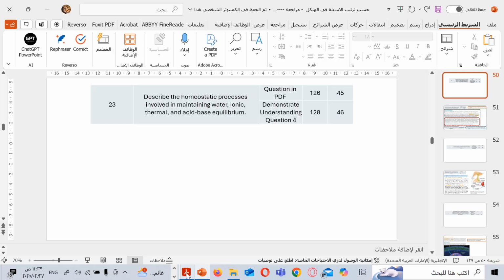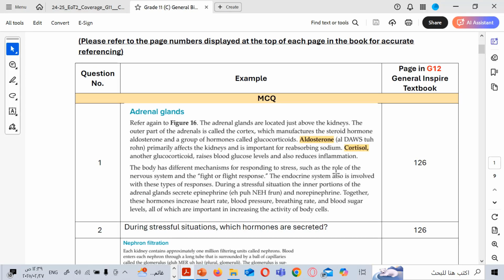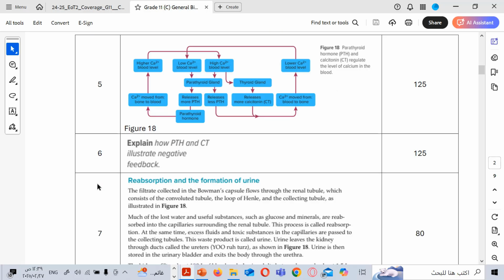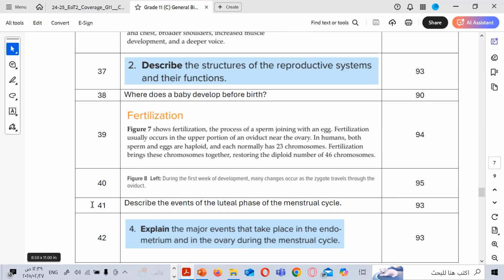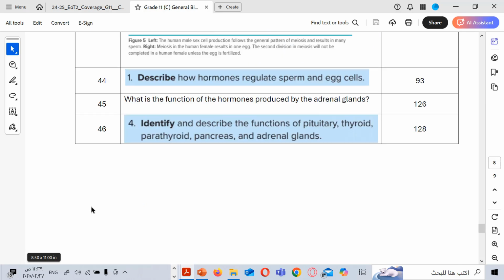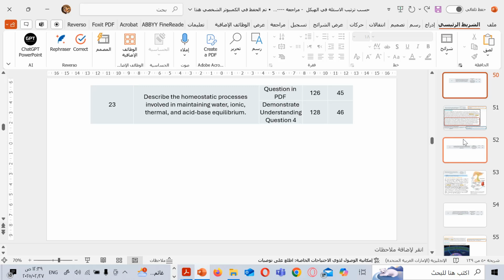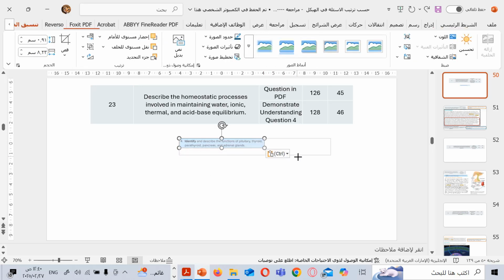Going to 46: identify and describe the function of this 46. Let me take it and put it here. This is number 4.